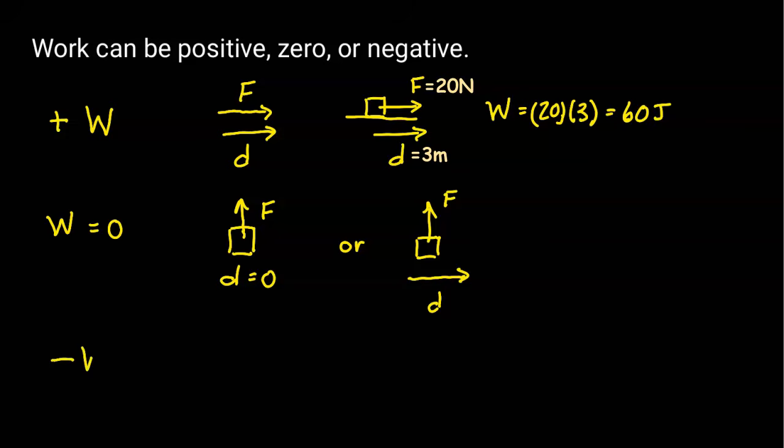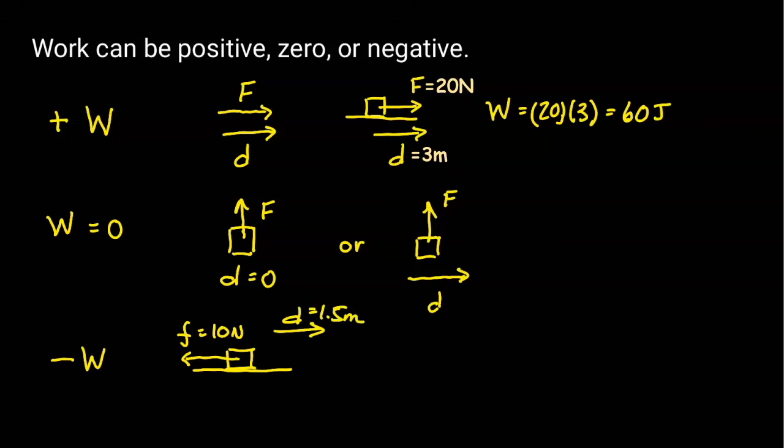Work can also be negative if the force is in the opposite direction of the displacement. An example of that would be friction. Let's say friction was 10 newtons, and this box was going to the right, with a displacement to the right of 1.5 meters.